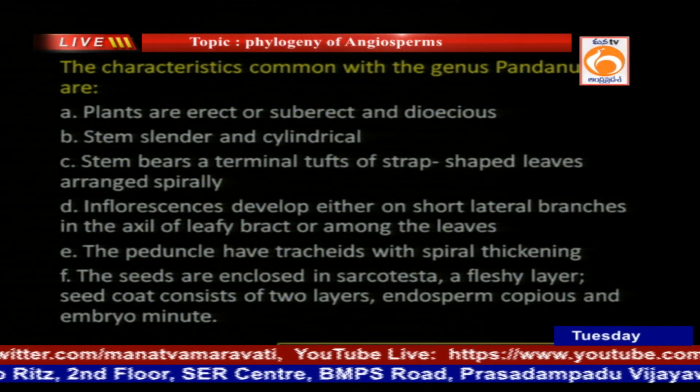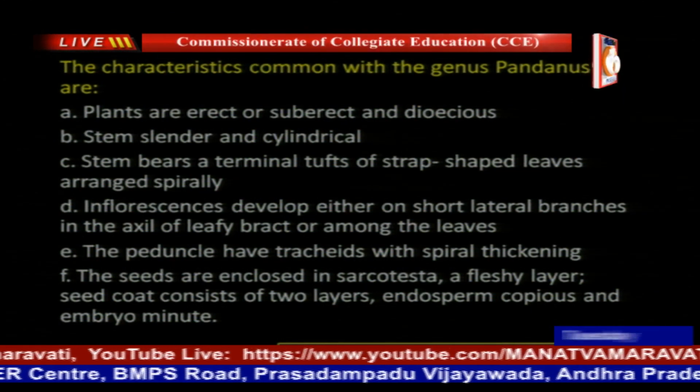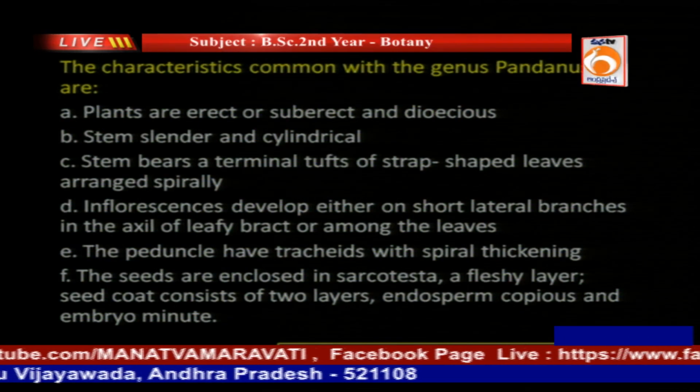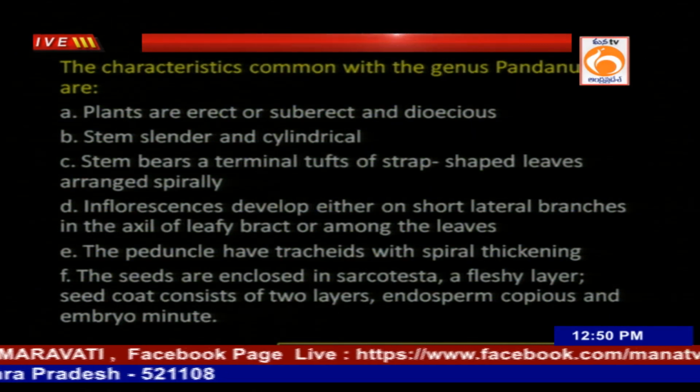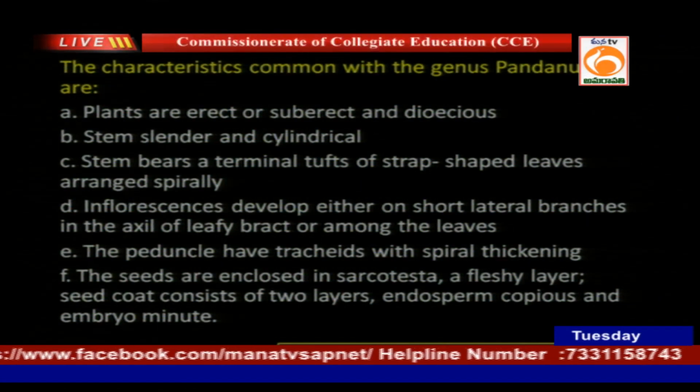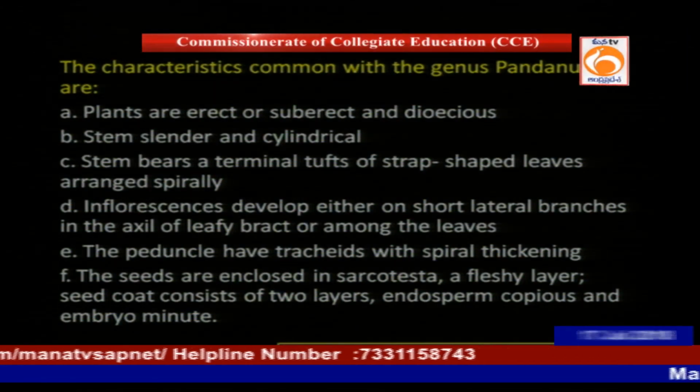Even the peduncle has tracheids with spiral thickenings and bordered pits. This is also a common character. The seeds are enclosed in a sarcotesta, also common to both, and the fleshy seed coat consisting of two layers is also comparable. So, all the features we have seen are common to both genera.